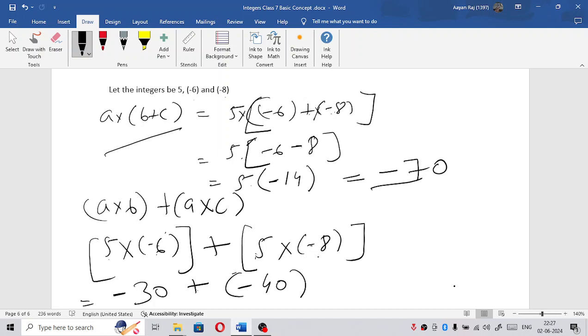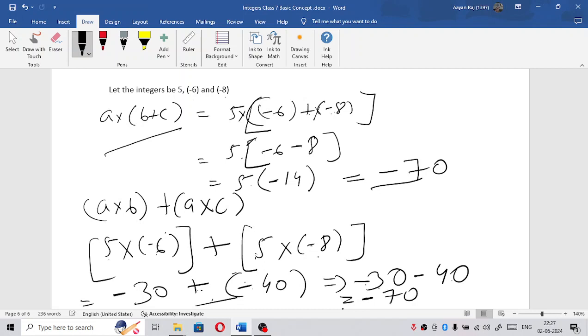Again, further solving this, here plus into minus. So first you will write minus 30, then plus into minus, the sign will become minus 40. So minus, minus again. Now there is no multiplication as such. We have to add both the numbers. Put the sign minus and add 30 and 40, which is nothing but 70.